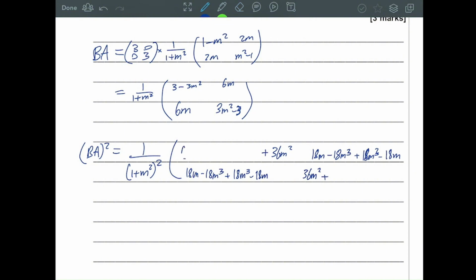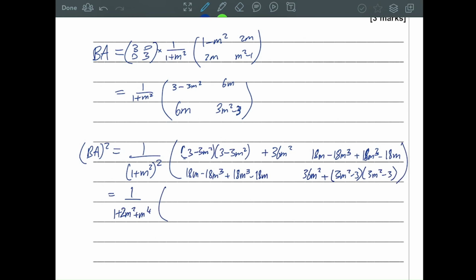So this will be 3 minus 3m squared multiplied by the 3 minus 3m squared. And this one down here is the 3m squared minus 3. That's why 3m squared minus 3. So this is going to be equal to 1 over (1 plus m squared) squared.